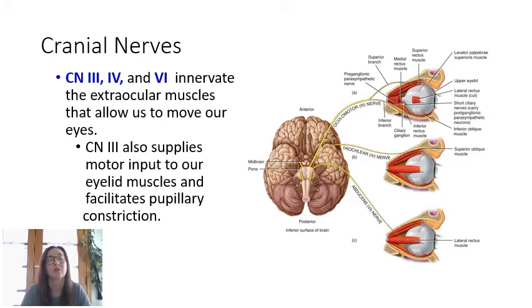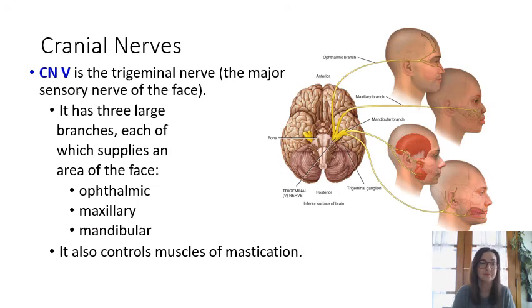And then cranial nerve 6, the abducens, only operates the lateral rectus on each side, which basically means that the lateral rectus, when you flex it, is going to pull your eye. It's going to abduct the eye. So remember, abducens abducts the eye. All right, so we did 3, 4, and 6.